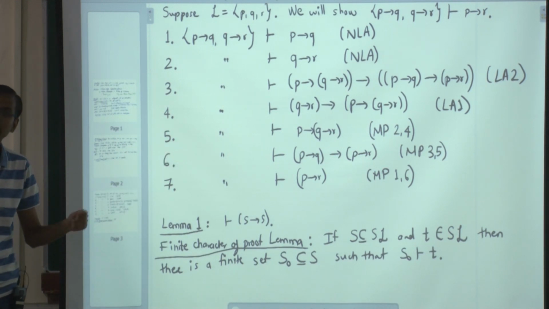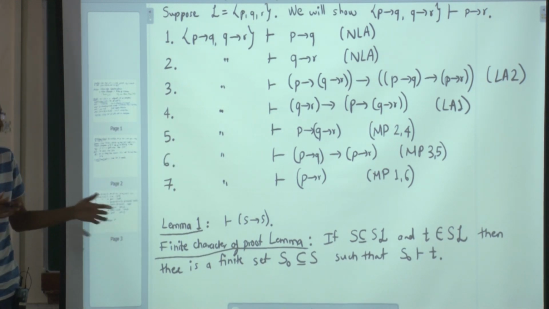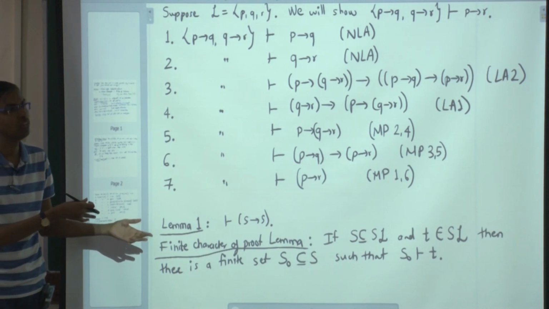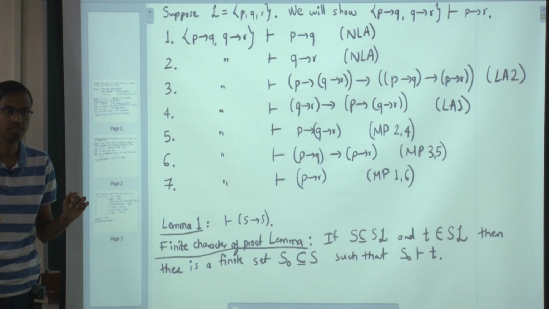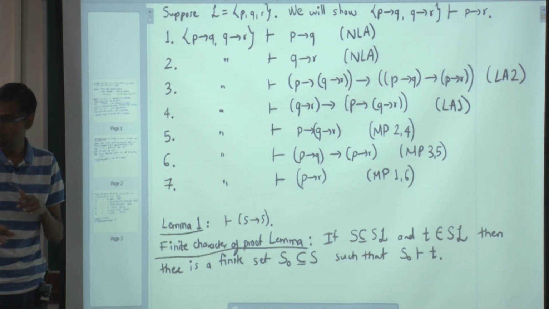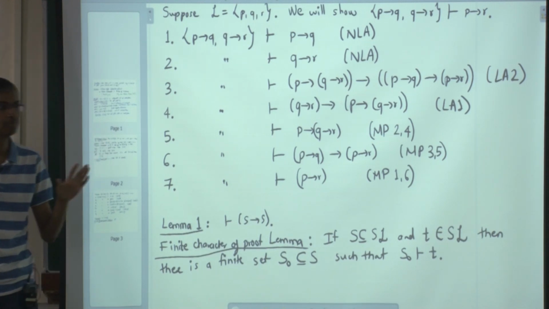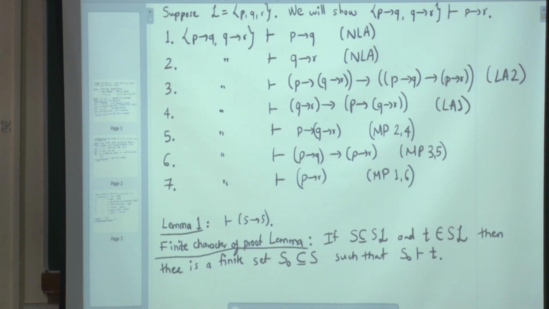You only choose those elements of capital S which are used as NLAs. The rest of them are irrelevant. So I am not writing out a proof. It only follows from a finite set of assumptions. You don't need infinitely many of them.